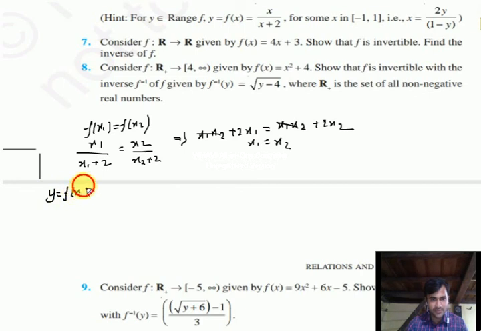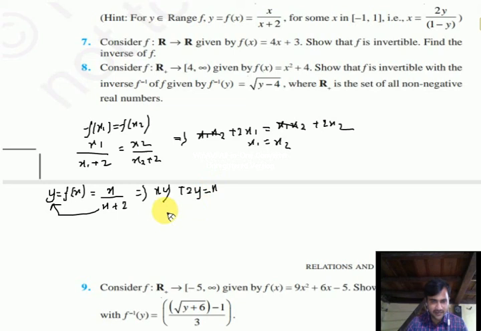Then y is equals to f of x to prove it as onto. Then f of x is equals to x divided by x plus 2. To prove it as onto, our intention is to find the value for x. Therefore, again by cross multiplication, xy plus 2y is equals to x.